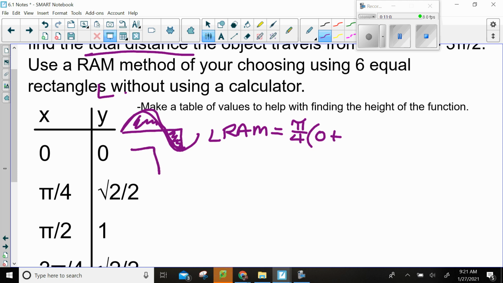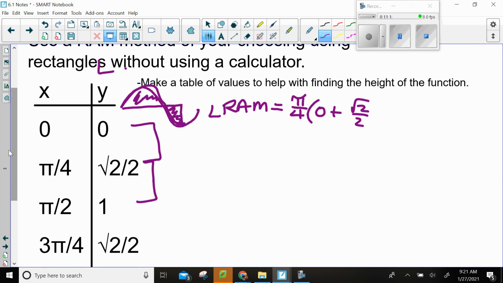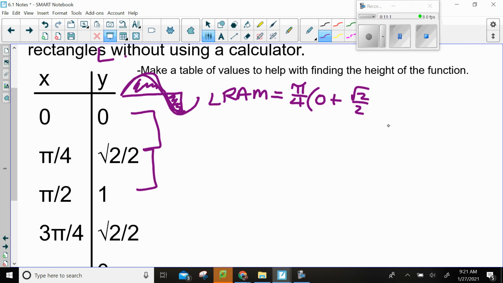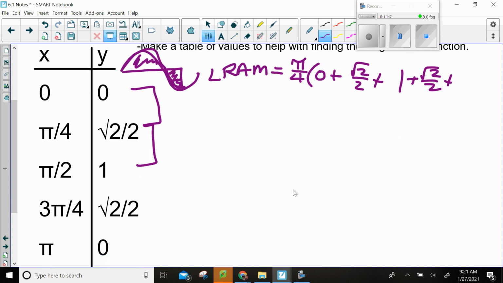Right, here is the first rectangle. The left side is 0. The next one, left side is square root of 2 over 2. The next one, let's go down a little bit, is going to be 1. And then we have square root of 2 over 2. Here's a little kicker because we are adding.